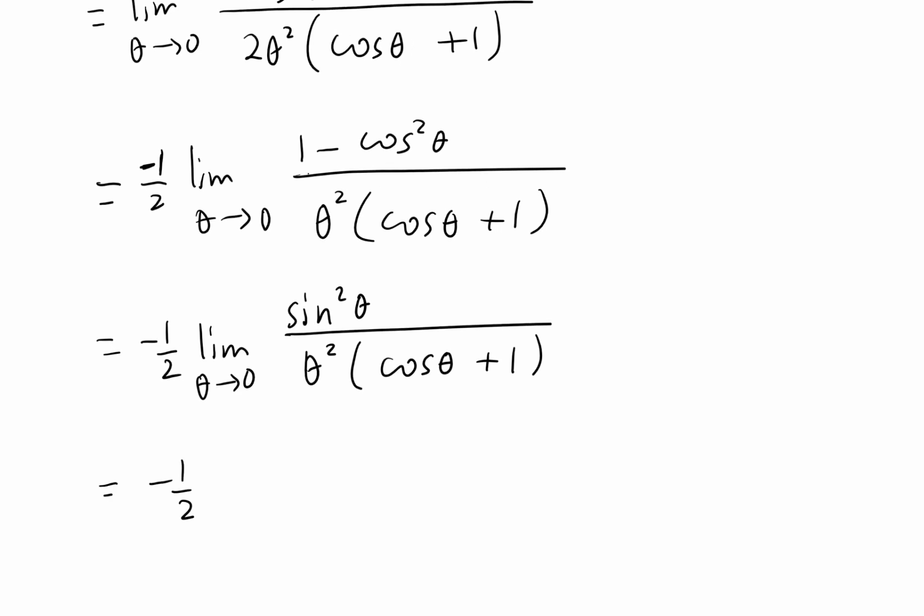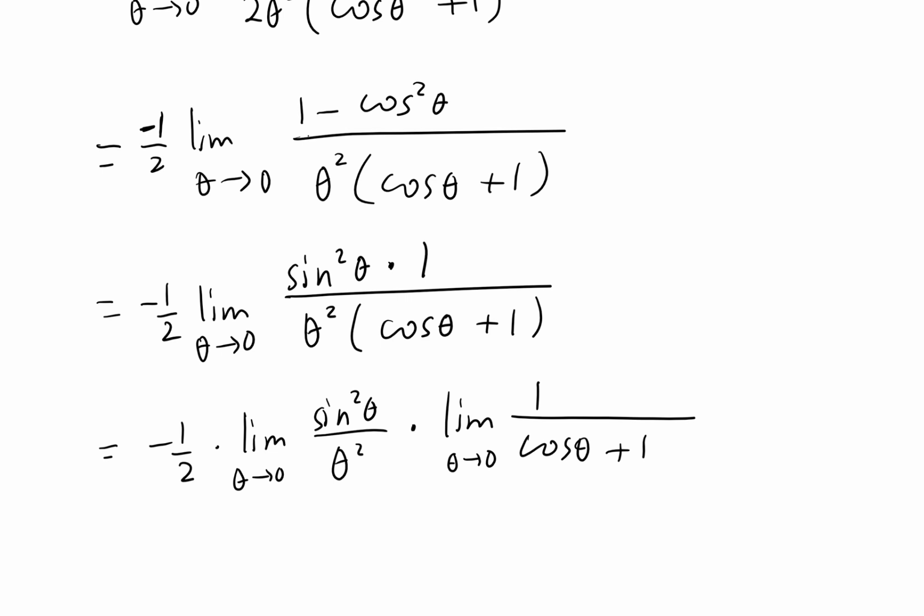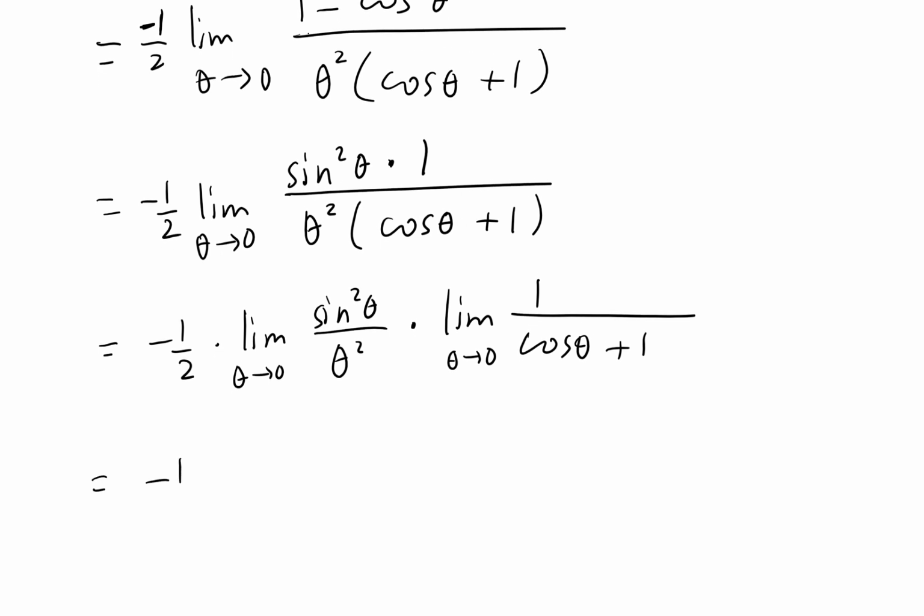This equals negative 1/2 times, I'm going to split this into sine squared theta over theta squared, and the limit of 1 over cosine theta plus 1 as theta approaches 0. And what we can do with the sine square, we can rewrite it as sine theta over theta all square as theta approaches 0. And the other one stays the same.